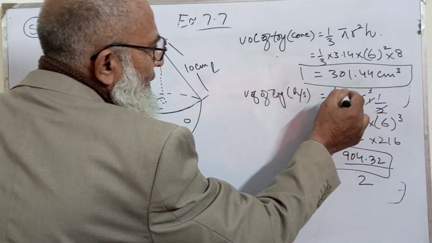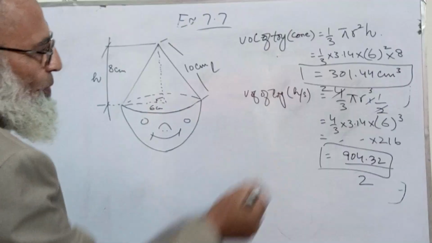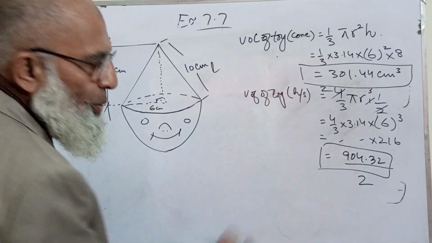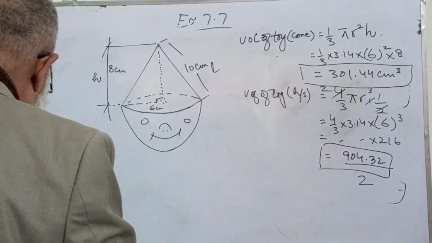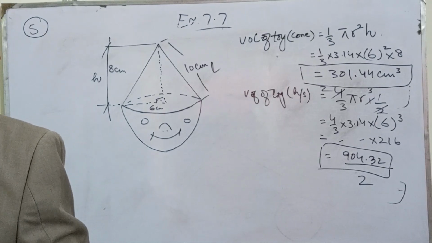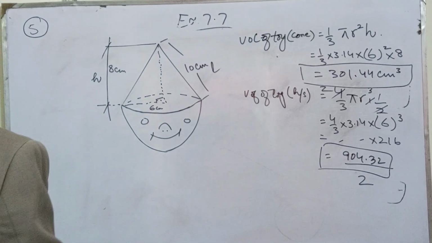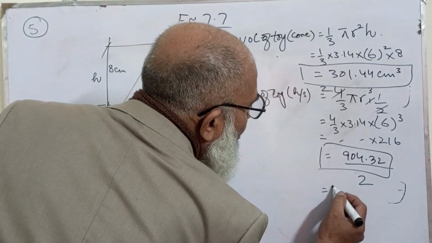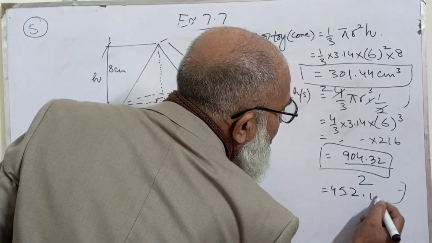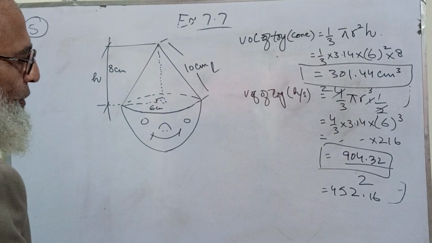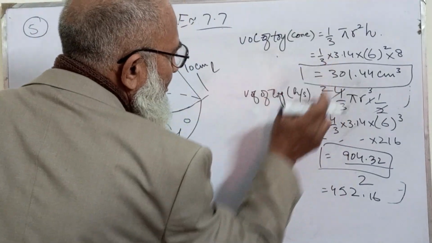You can just cancel this with 2. It will become 2 by 3, or you can do it in the end. This is up to you. So divided by 2 it becomes 452.16. So just add these two.